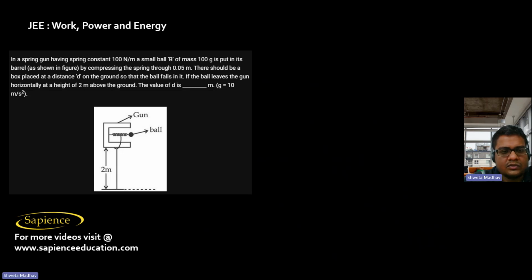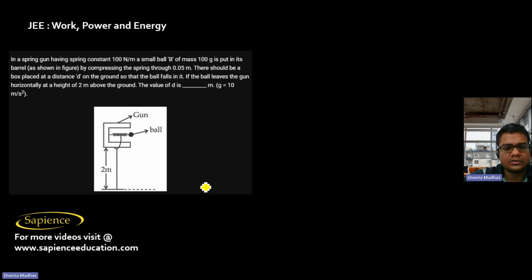Then there should be a box placed at a distance d on the ground so that the ball falls in it. If the ball leaves the gun horizontally at a height of 2 meter above the ground, the value of d is.